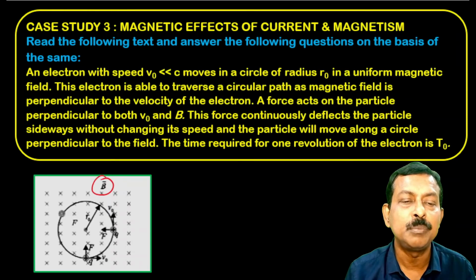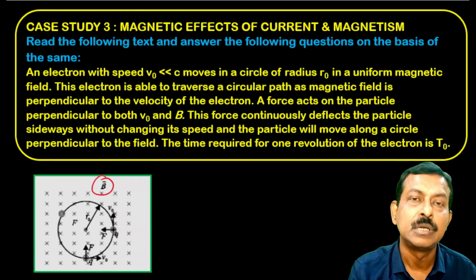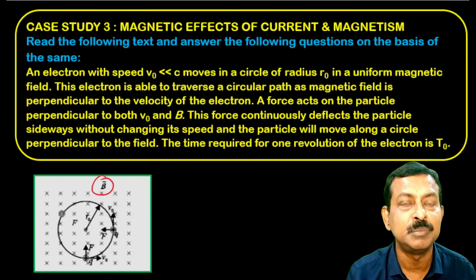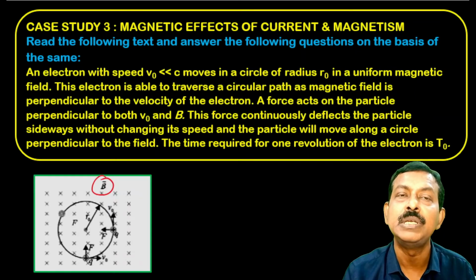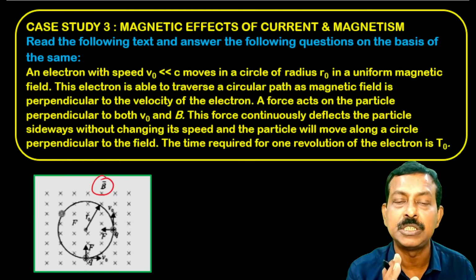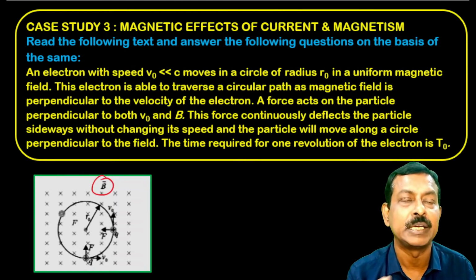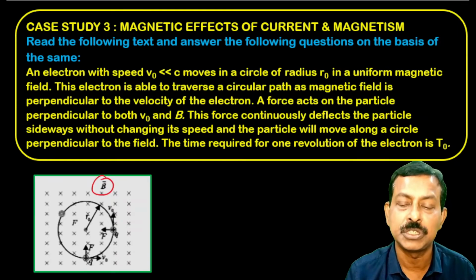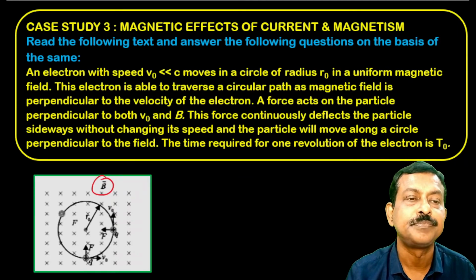So at every point, the force will be acting perpendicular to the velocity and magnetic field because it is the cross product of V and B. So the path will be circular there because velocity is perpendicular to the magnetic field. Now let's take the different questions which are given on this.